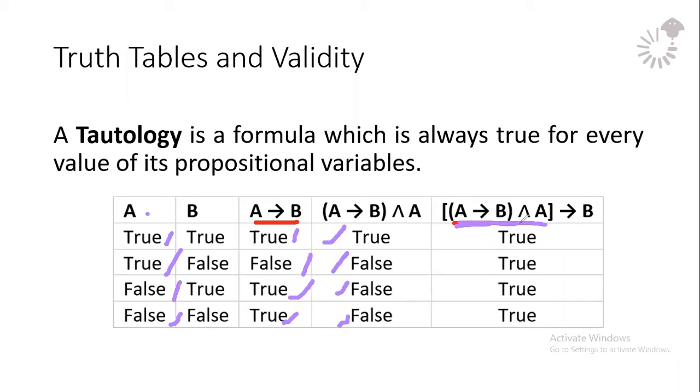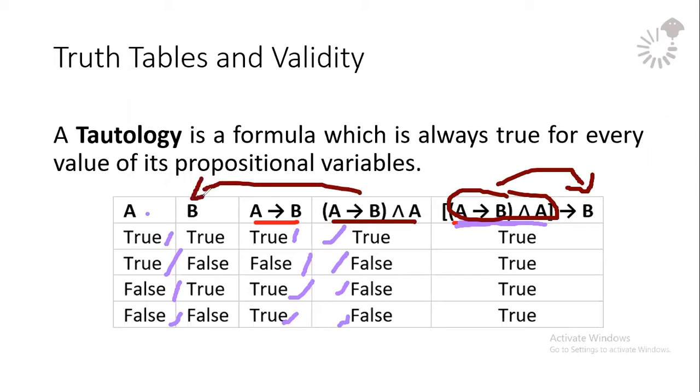So, that's it. And then lastly, this result implies B. Implication again. This value that we got here, implication with the value of B. True implies true is? True. False implies false is? True. False implies true is?